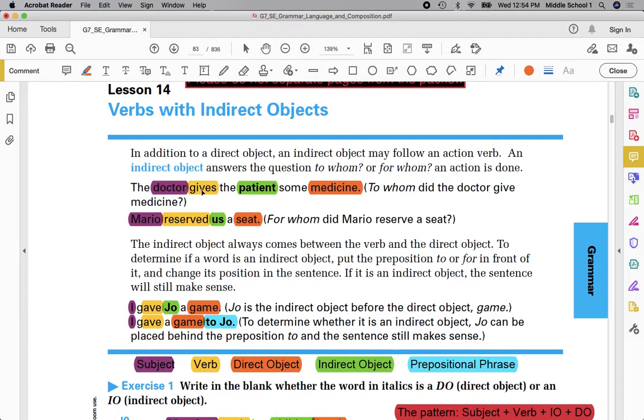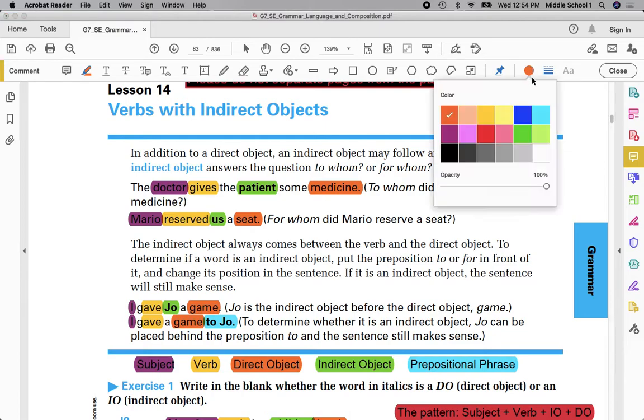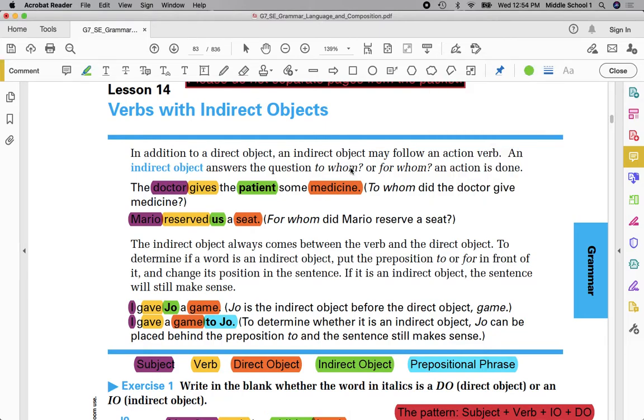Subject, subject does. What does the subject give? Now today, to whom or for whom? To whom or for whom is the medicine given? It's given to the patient.